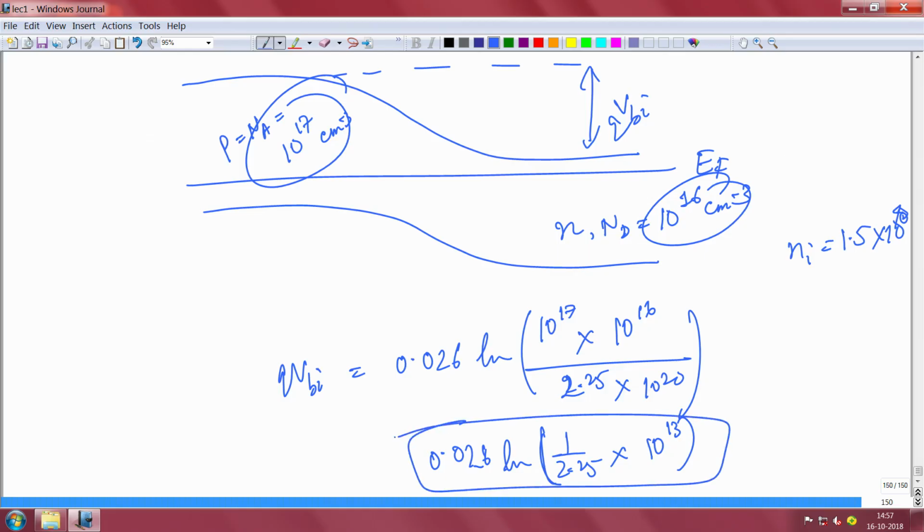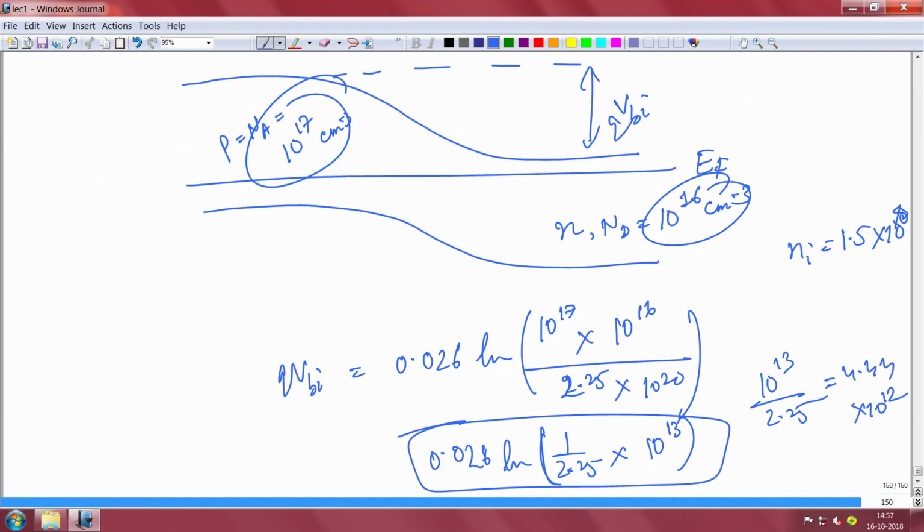If I use the calculator here, I'll quickly let you know what the value is. 10 to the power 13 divided by 2.25 is approximately 4.44 into 10 to the power 12.